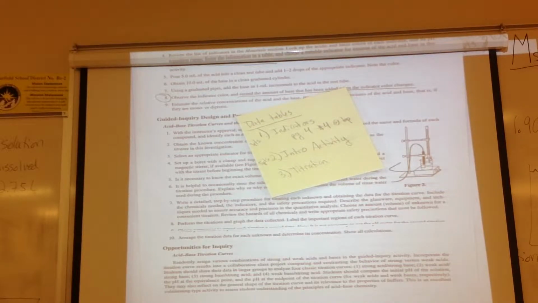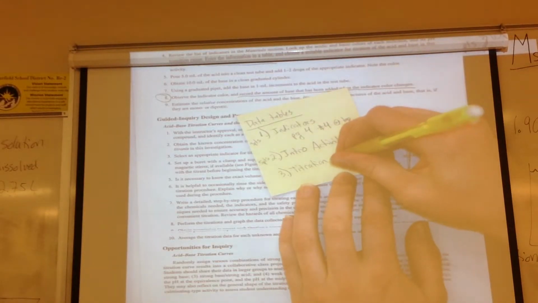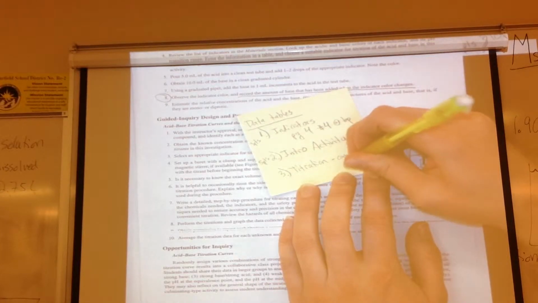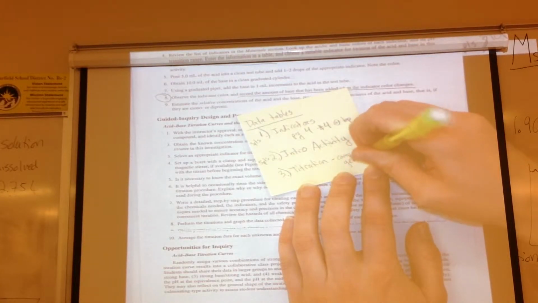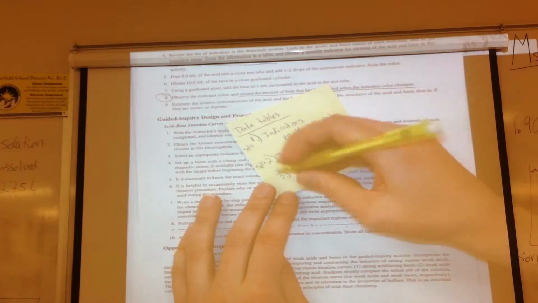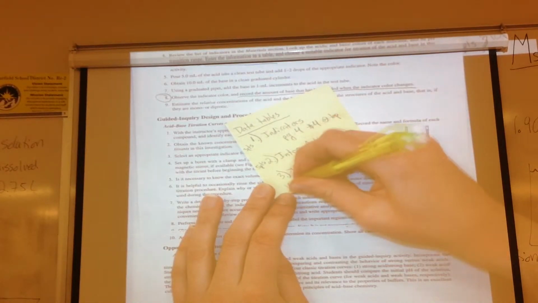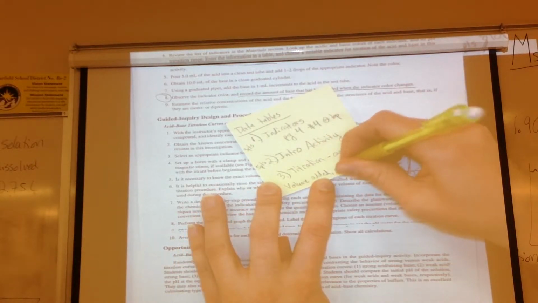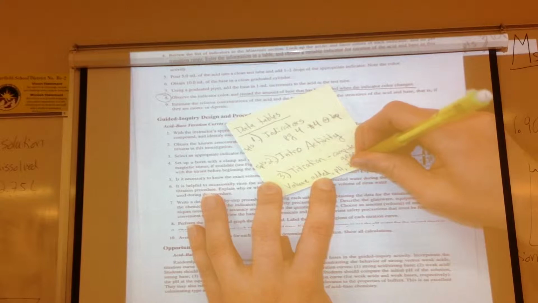If you want to handwrite all your data points, that's fine with me, but it can be computer generated. Again, please give me most definitely the volume added, the pH, and the indicator color.